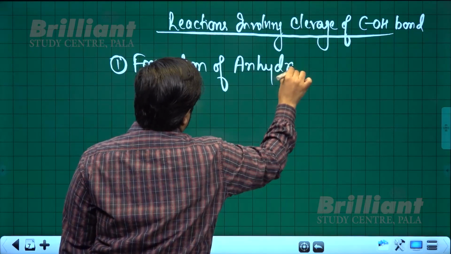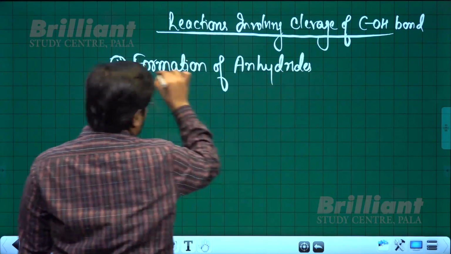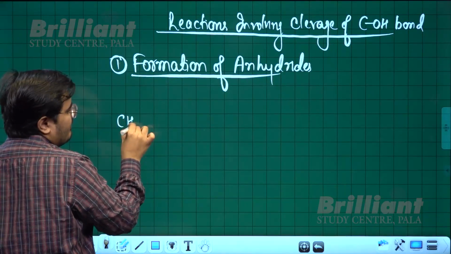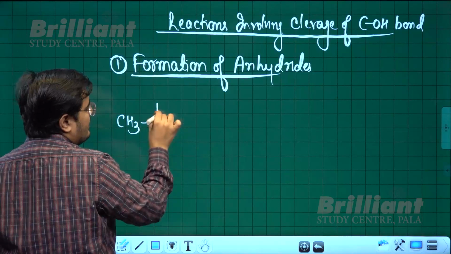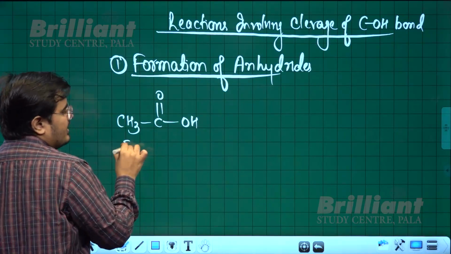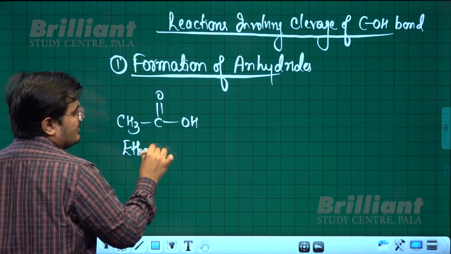Anhydride means one without water. The idea is, let's say I have acetic acid, which is ethanoic acid.